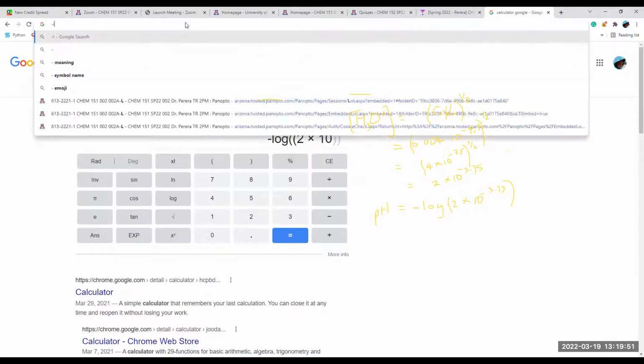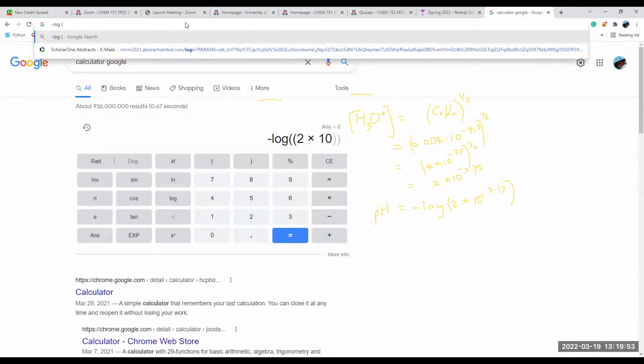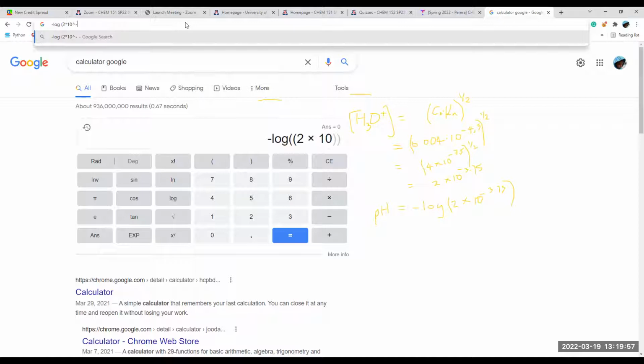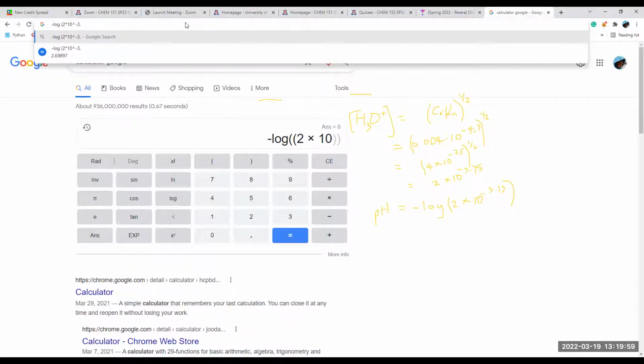Okay. Minus log 2 times 10 to the power of minus 3.75 is 3.44897.